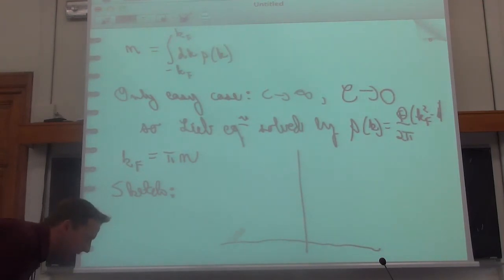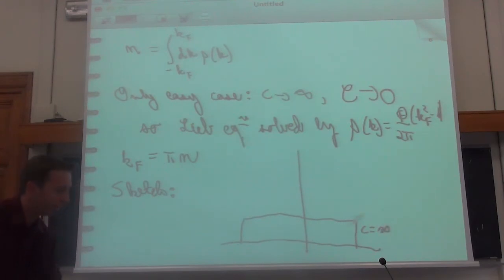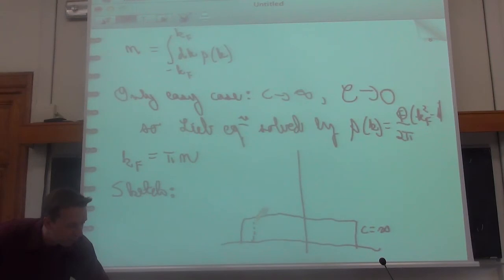Right, so in the C's infinity case, it's a box. In the smaller C case, what you obtain is essentially a shape that will start being round. Well, maybe it doesn't round off quite that fast.